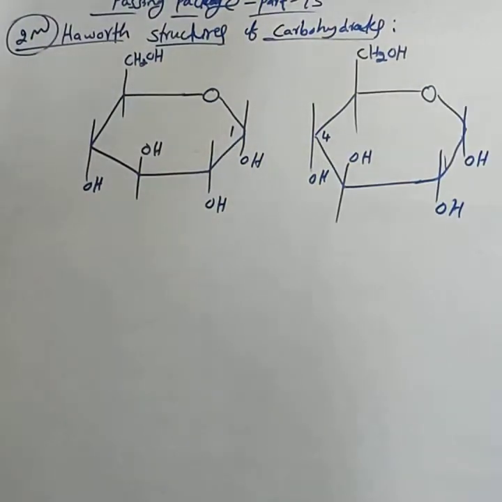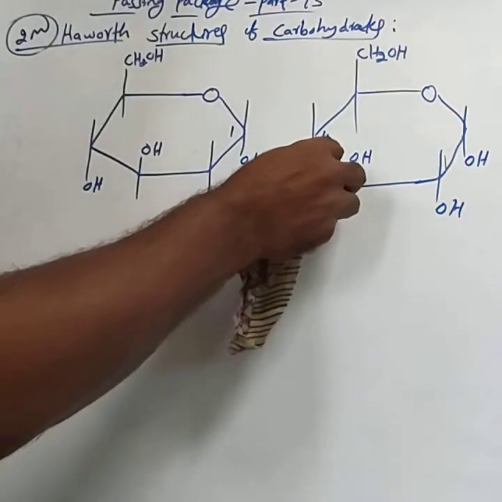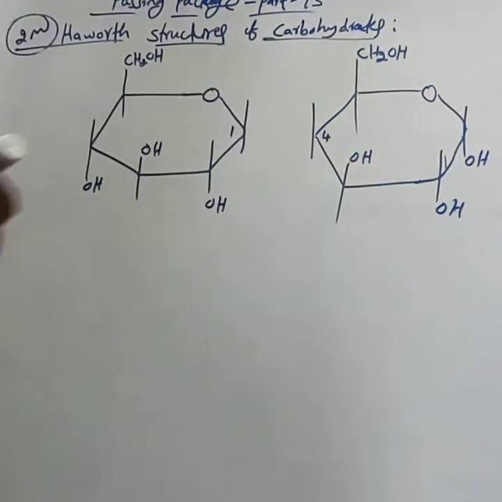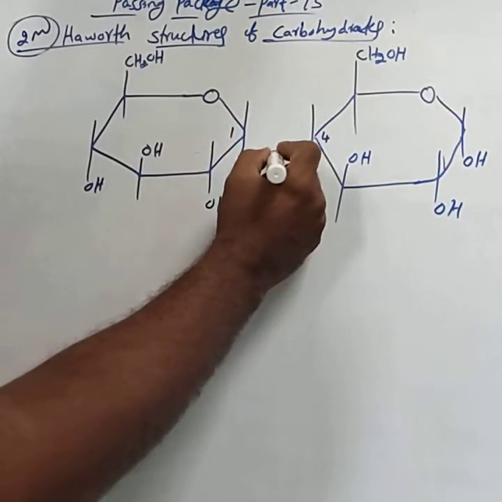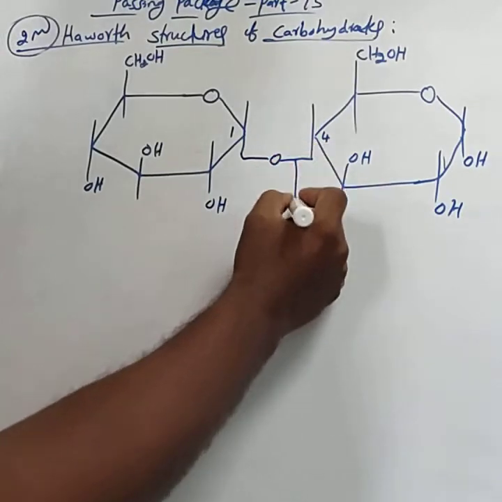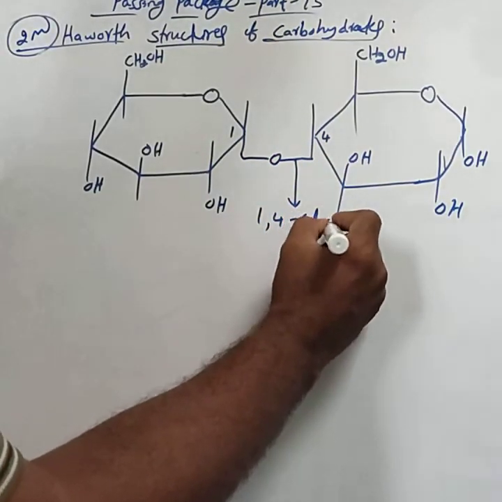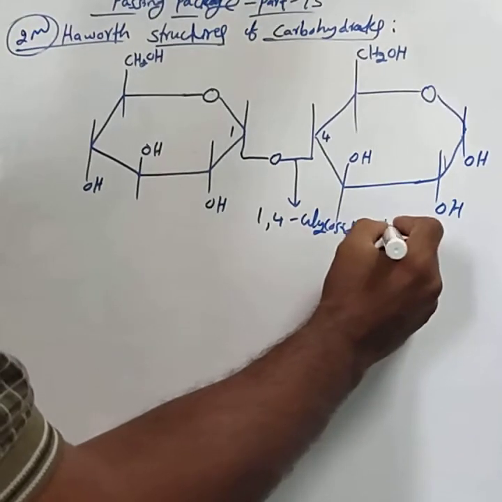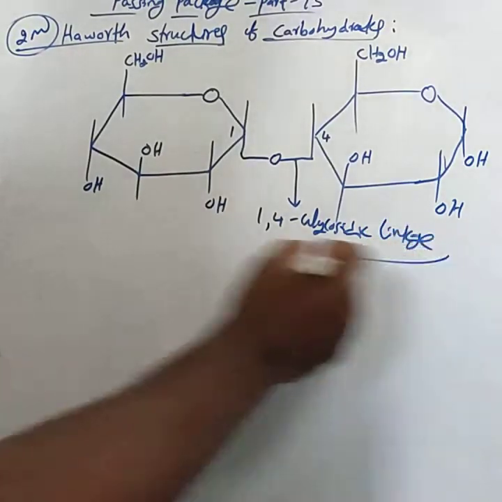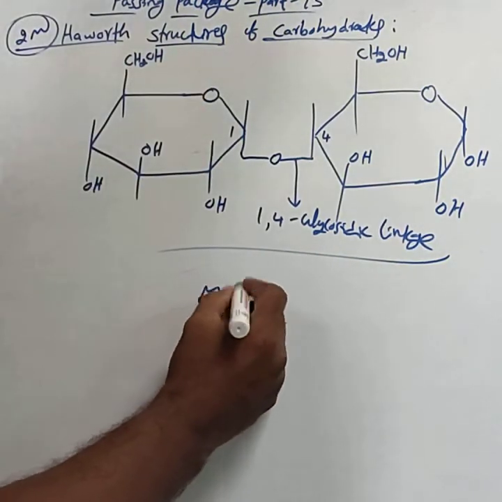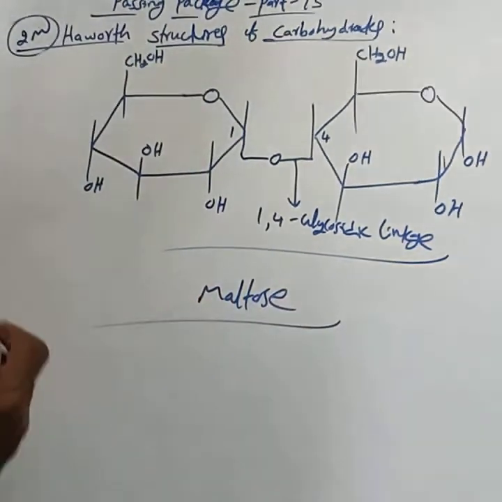Removal of water takes place. Condensation involves these OH groups and removes the water molecule, leaving only the oxygen atom. This is the 1,4 glycosidic linkage. This structure we call maltose.